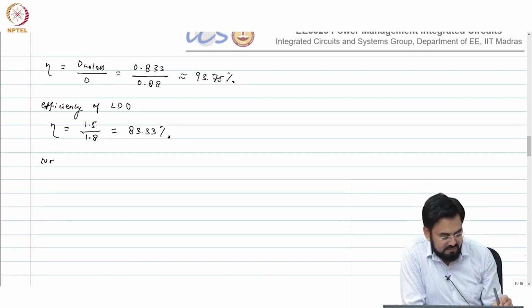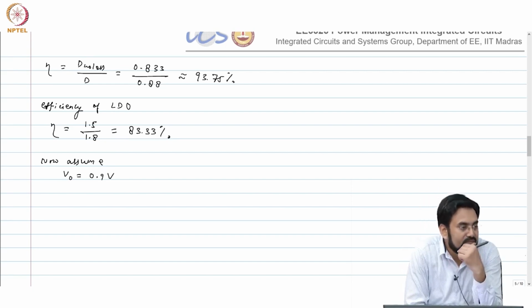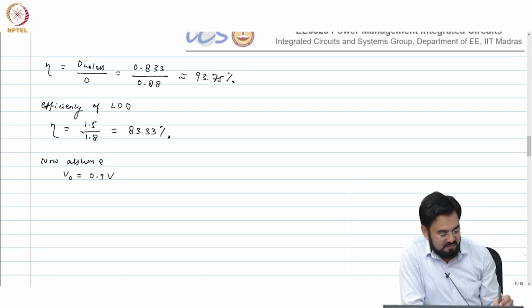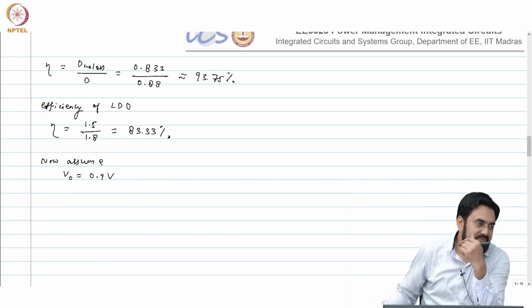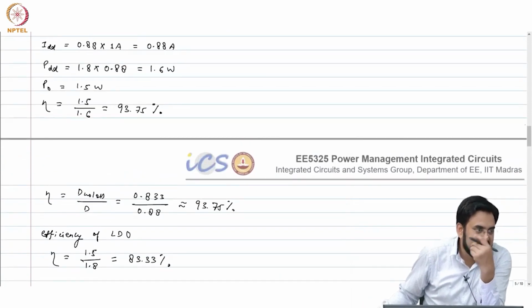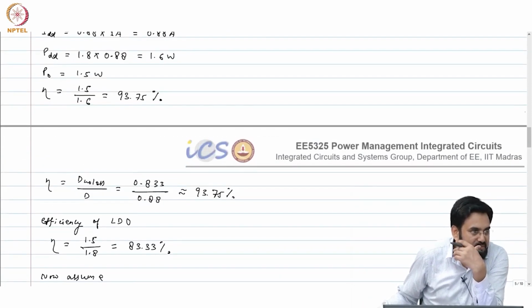Now assume everything remains same, but V out is 0.9 volt, which is just half of your supply. Okay, so your losses will remain same because resistance is not changing, load is not changing.